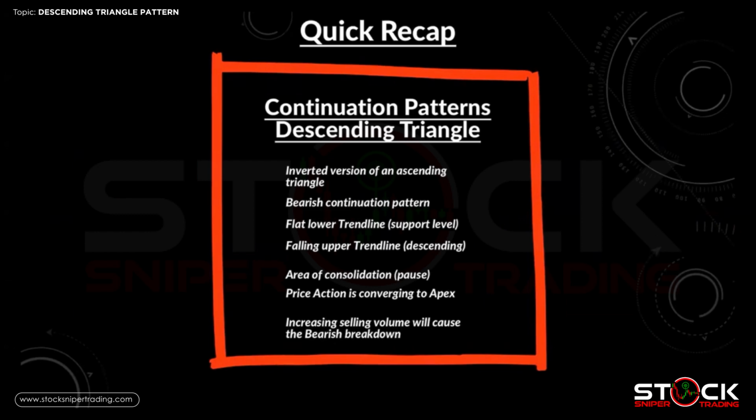The triangle is the area of consolidation where we get a pause in momentum as volume cools off. Price action is converging towards the apex or the tip of the triangle, and increasing selling volume will cause the bearish breakdown, and we can see price action continue to the downside, creating new lower lows and lower highs.